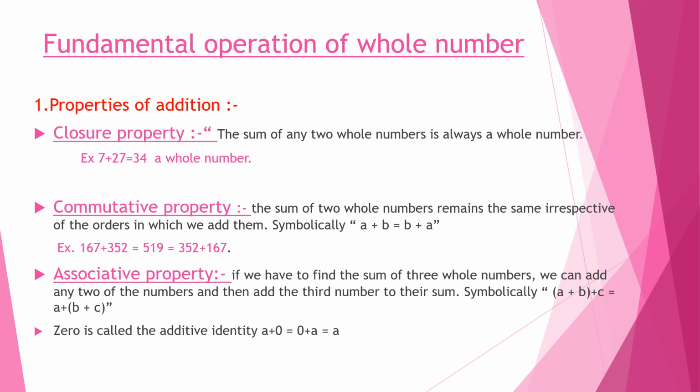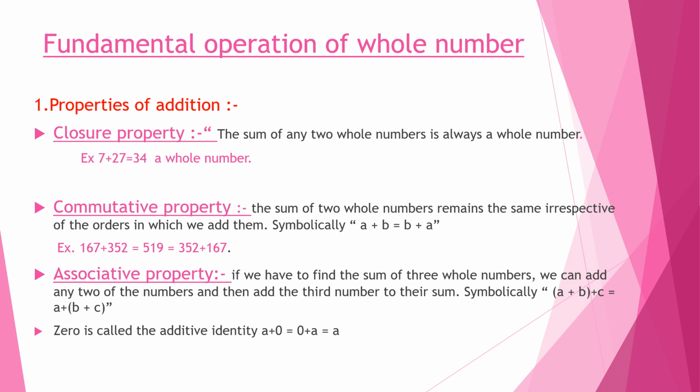Next property is commutative property. The sum of two whole numbers remains the same irrespective of the order in which we add them. Symbolically, we can write it as a plus b is equal to b plus a.